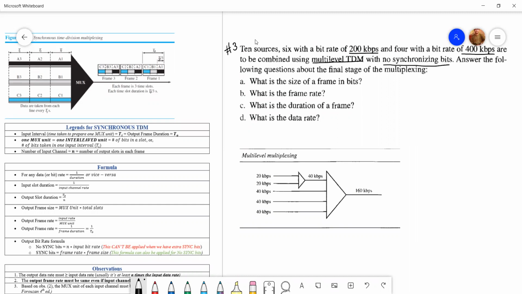As a part of the revision of multiplexing, if you have forgotten what multi-level multiplexing is, here is a refresher. In multi-level multiplexing, we combine several sources into one, so that we have a larger multiplex section where we can have a similar number of channels transmitting over the multiplexers.